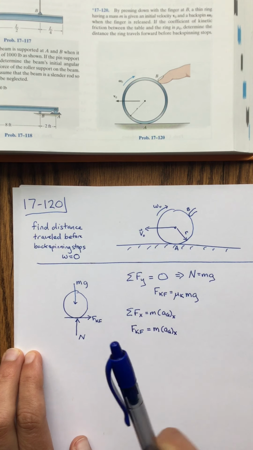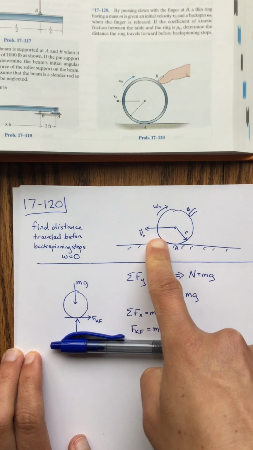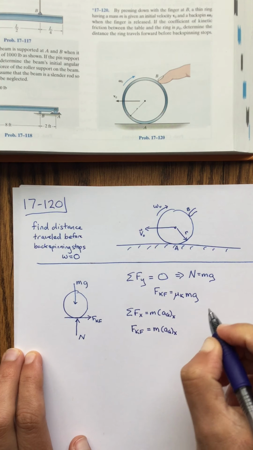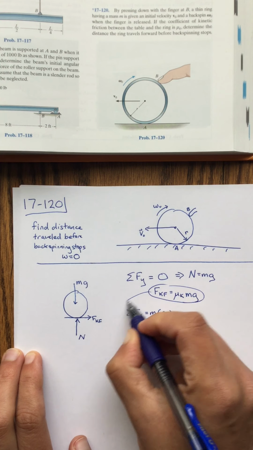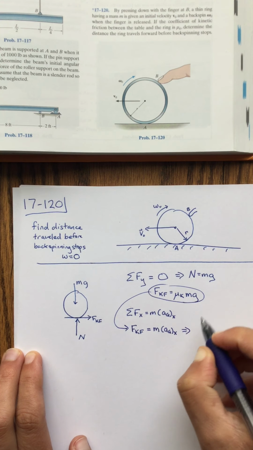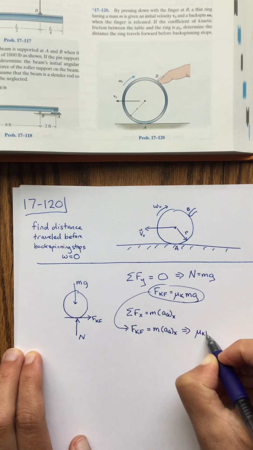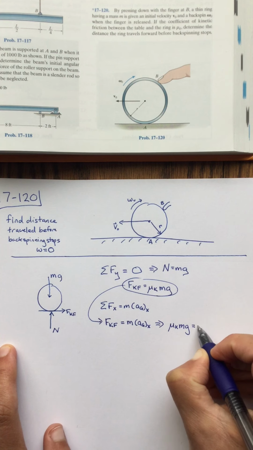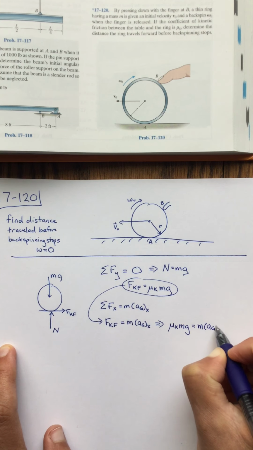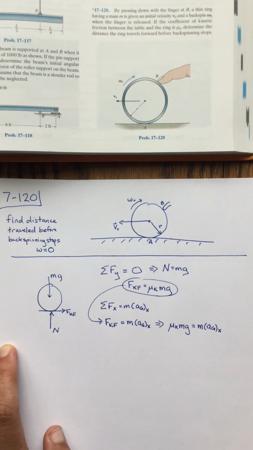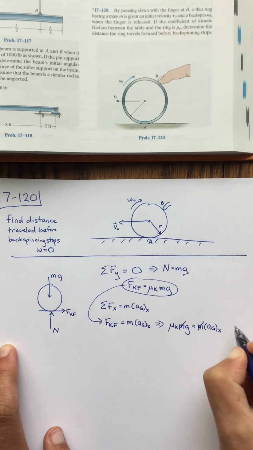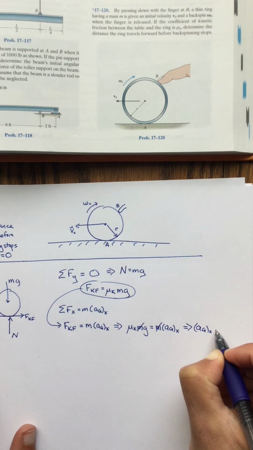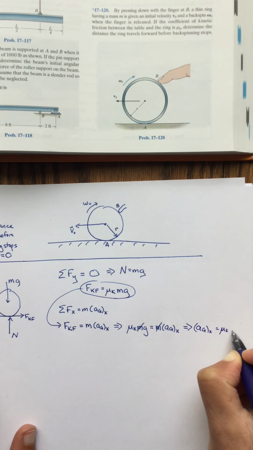But if I say to the right is positive, that means my velocity here is in the negative direction. Okay, but I know what the force of kinetic friction is, so I can take this and put it in here, and that gives me mu k m g is equal to mass times acceleration in the x direction. The mass cancels out. Therefore, the x component of the acceleration of the mass center is mu k times g.